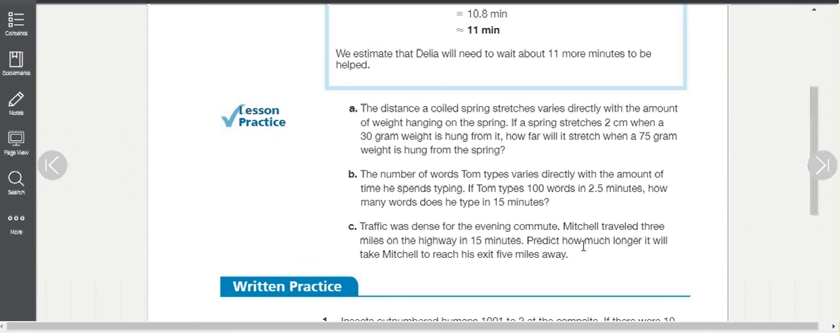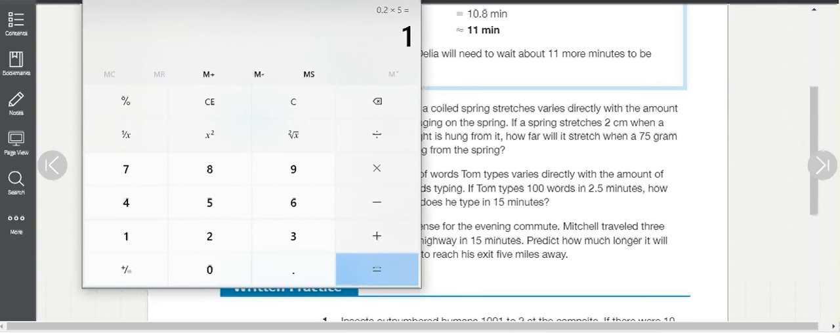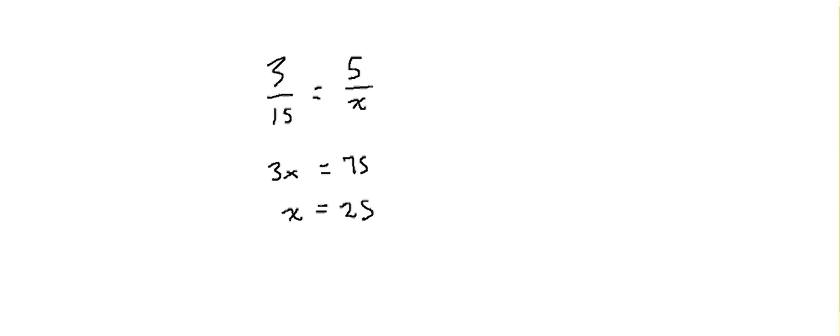Let's just put time on top of miles here. 15 minutes means 3 miles. So our constant is 5. So let's do 5 times 5 miles is 25.